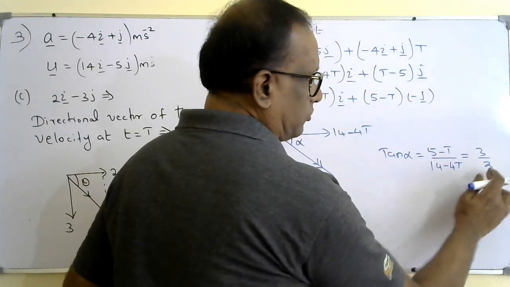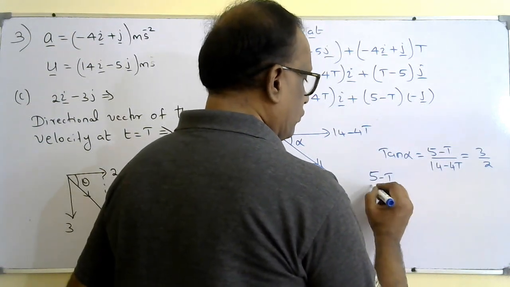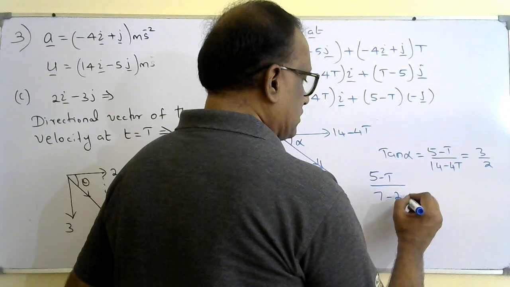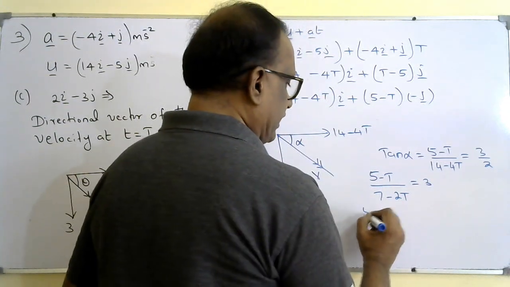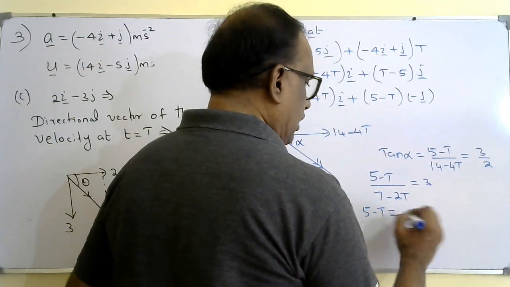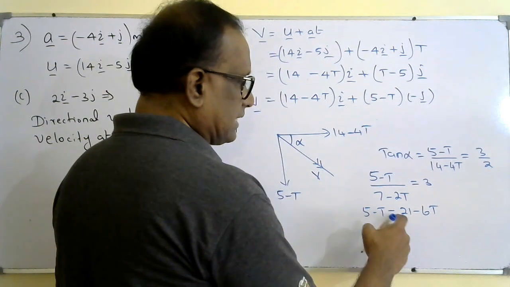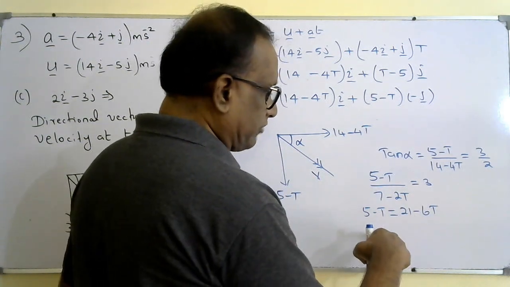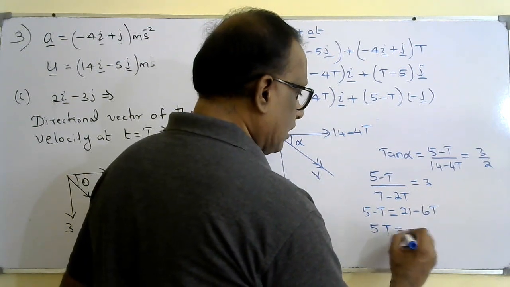Okay, so 14 minus 4t, here we can divide by 2. So (5 minus t) over (7 minus 2t) is equal to 3 by 2. Now cross multiply: 10 minus 2t is equal to 21 minus 6t. Solve it. So 6t, when you bring it to the left, it will be 10 plus 6t minus 2t, that is 4t, equal to 21.